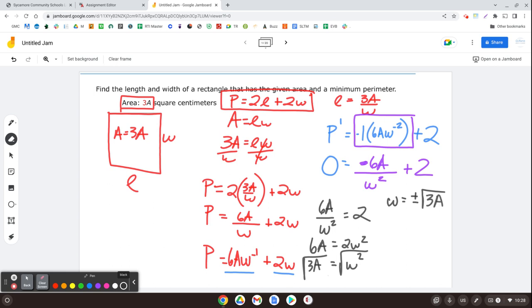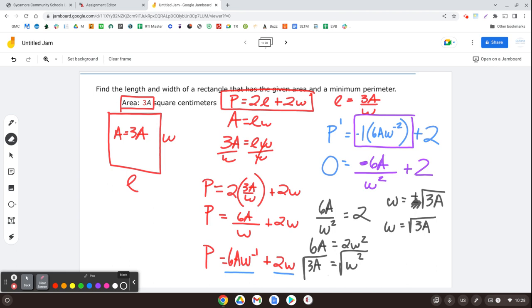Now, we don't need the minus because this is a geometry question, and we won't have any negative values for our A. So we get that W is radical 3A. Well, then, I'm running out of space, but if I tested this, that would be a relative minimum.